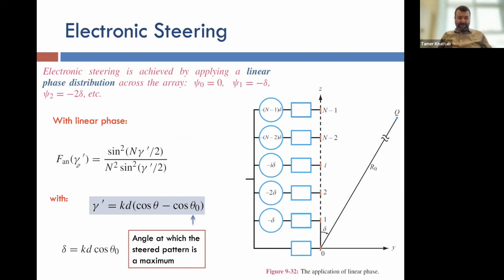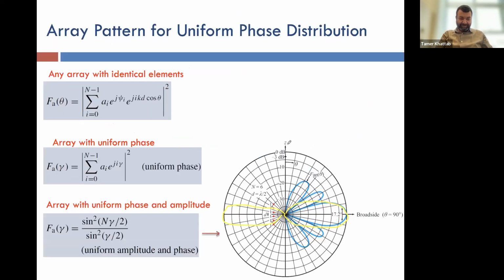If you go back to the expression of the linear array, for the general one, if you look at the general expression here, you will notice that depending on this distance d, as well as the phase shift that we have here, we can actually control in which direction the maximum is going to happen.